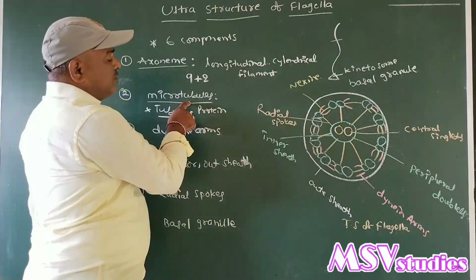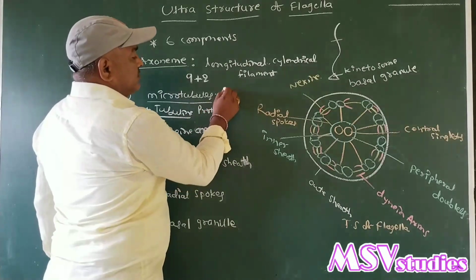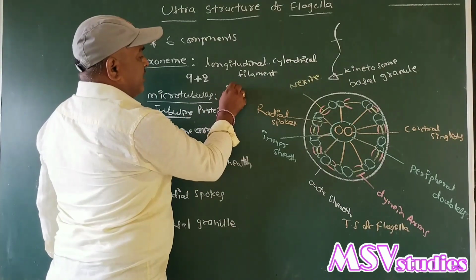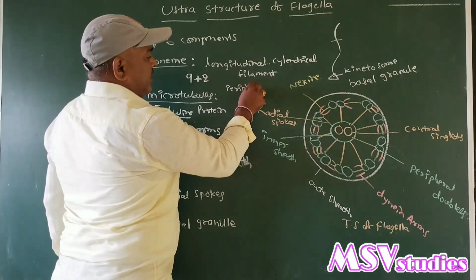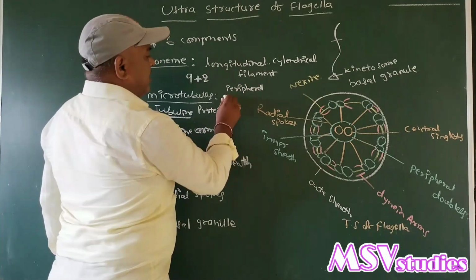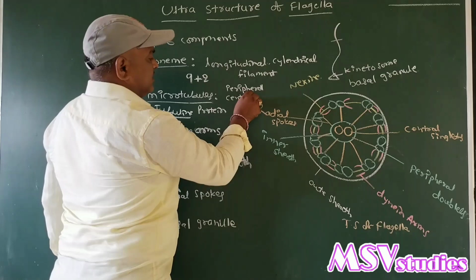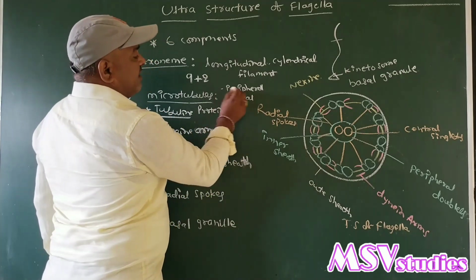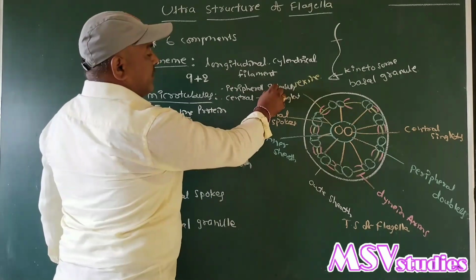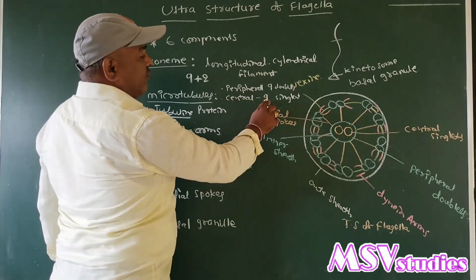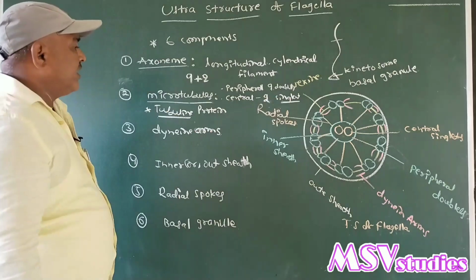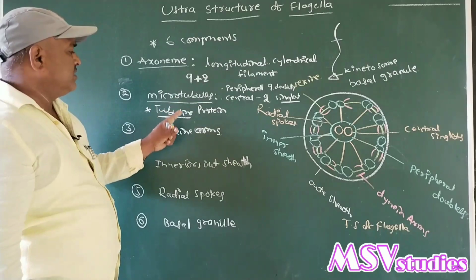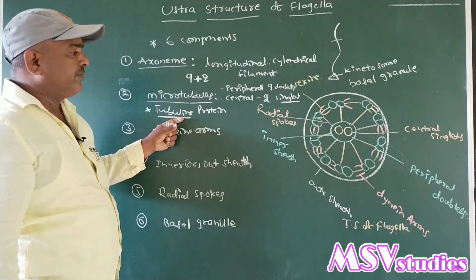These microtubules are peripheral microtubules and central microtubules. Peripheral microtubules are 9 pairs. The central singlets are 1 pair, a singlet. So the microtubules are made up of tubulin protein.